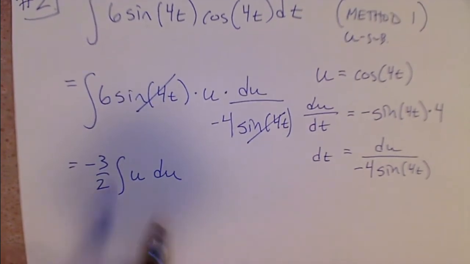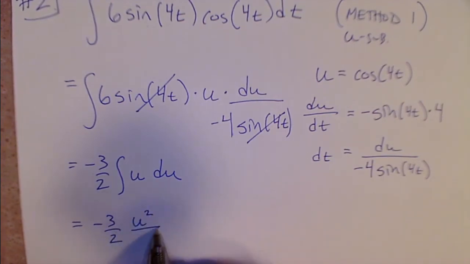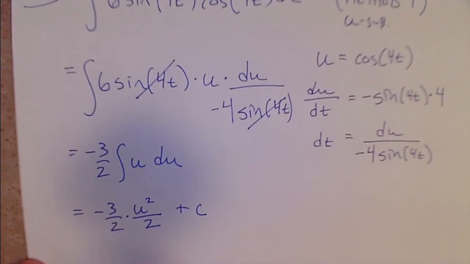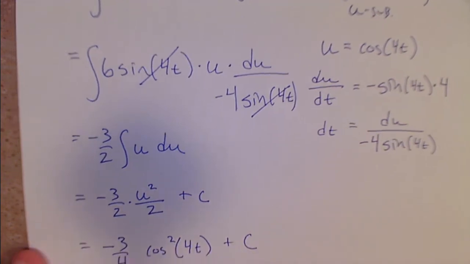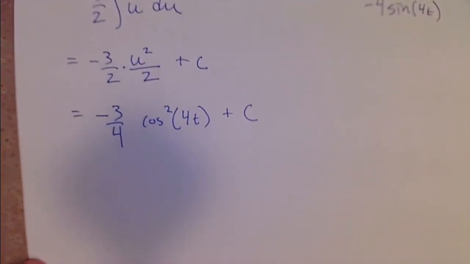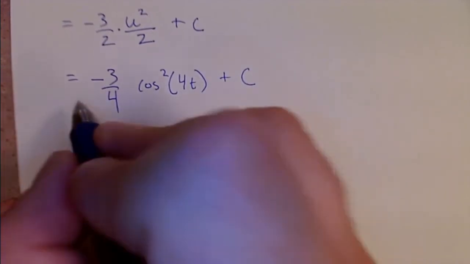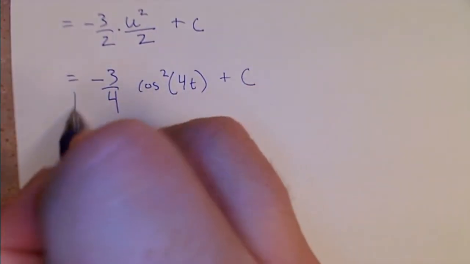Doesn't get much easier than that, because that's by the power rule, negative 3 halves u squared over 2 plus an arbitrary constant. And then I go ahead and plug that value for u back in, and I get negative 3/4 times cosine squared of 4t plus an arbitrary constant, like so. And that's it. Why did I put so much space there? I have no idea.